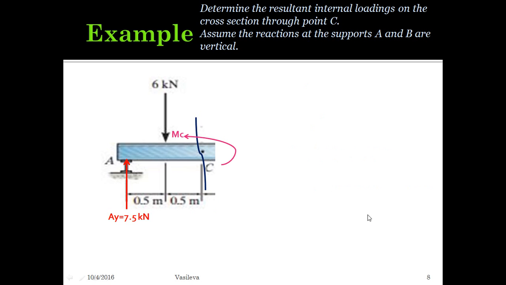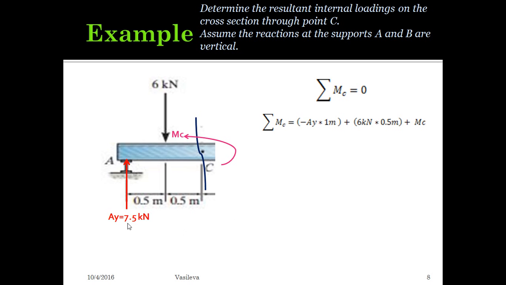Then I proceed to solve for the moment. I do the sum of the moments about point C. And here I have MC, I'm going to have the 6 kilonewtons and the AY causing a moment. So MC causes a positive rotation because it's counterclockwise.